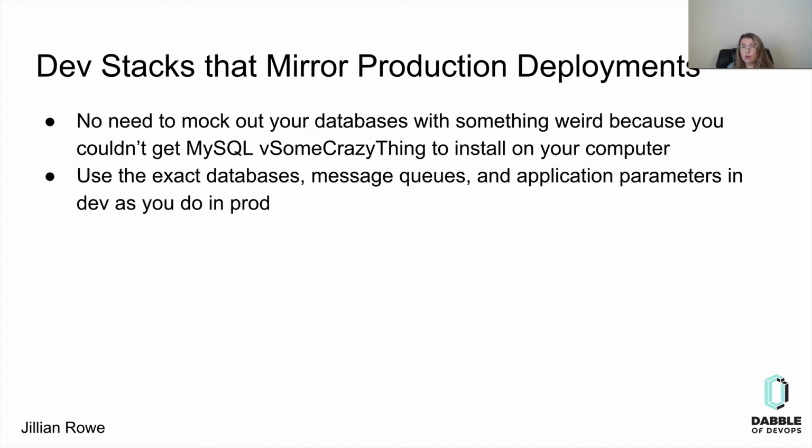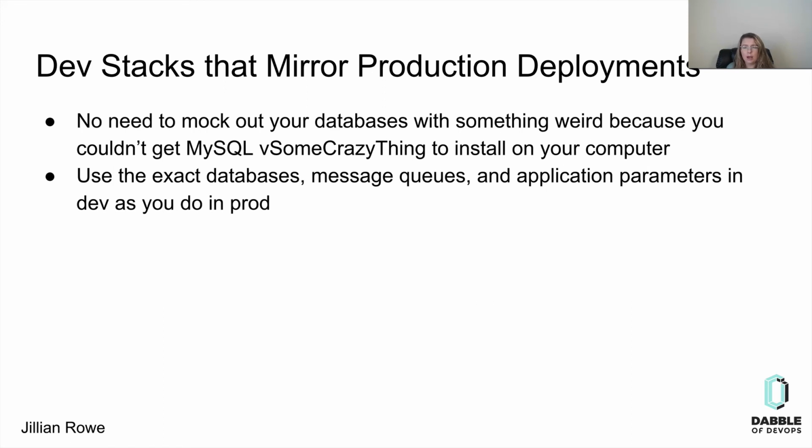When you first download it, you can get up and running with a really simple setup just using SQLite. And that's fine for just trying it out. But when you really want to start developing, you want a dev stack that mirrors your production environment as closely as possible. If you're using Postgres and RabbitMQ in your production environment, you want that in your Docker dev stack, and you can have that.